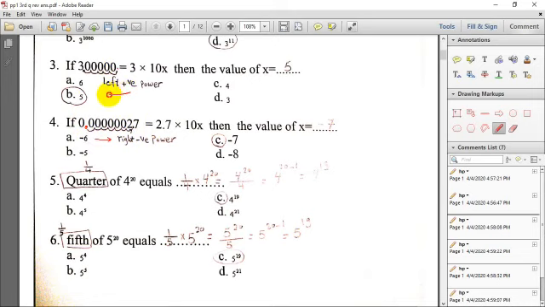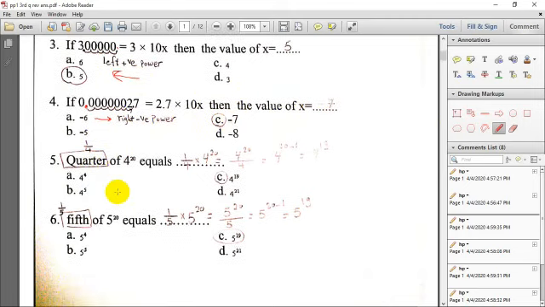And here I went to the left. Okay? Again, I went here to the right and I went here to the left. Okay? Very good. So, if I went to the right, my power is negative. Okay.